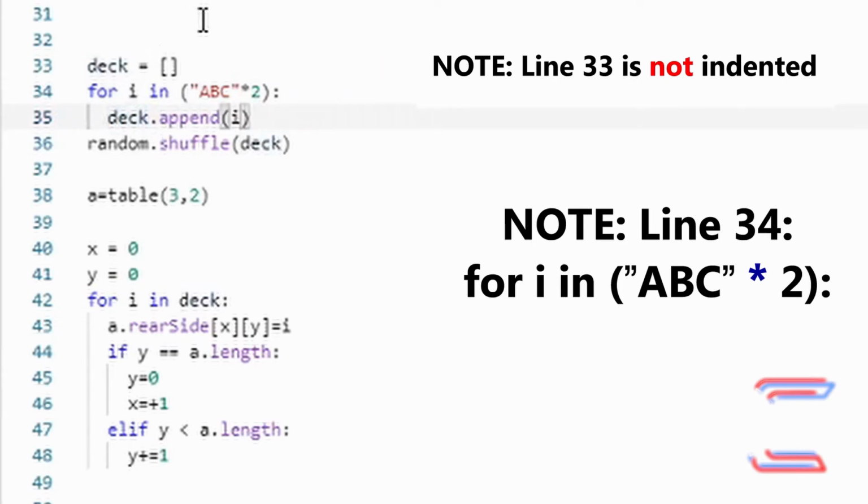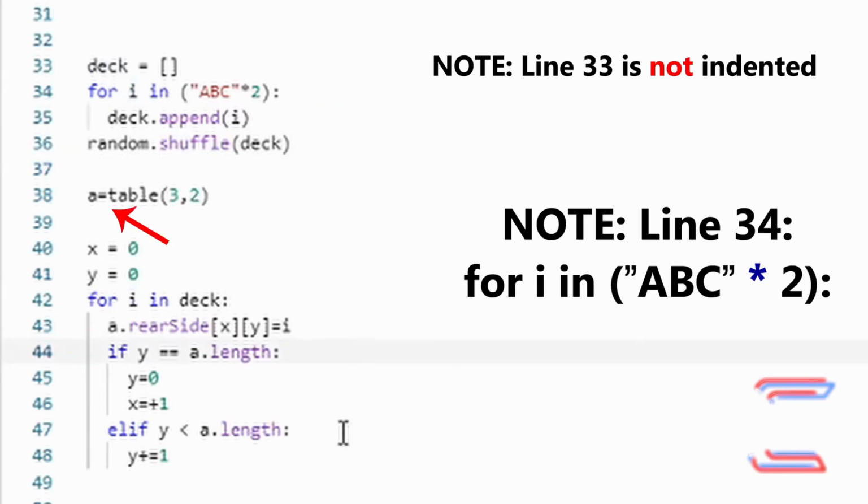What it does is go through this list, which basically comprises ABC twice, so ABC, ABC. And with each of these letters, we will create a list, which is stored in the variable deck, and then using the random function, which we declared on line 1, this will be shuffled so that each time the player plays the game, the location of A, B and C will vary.